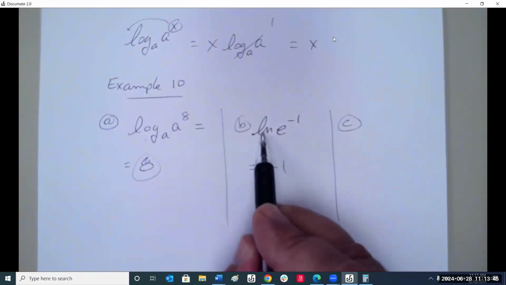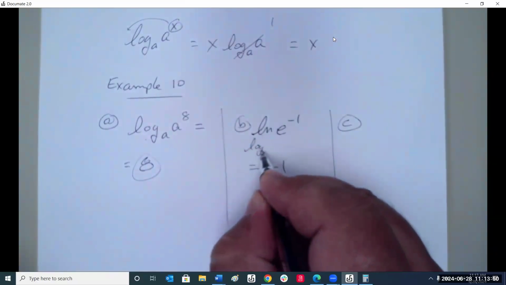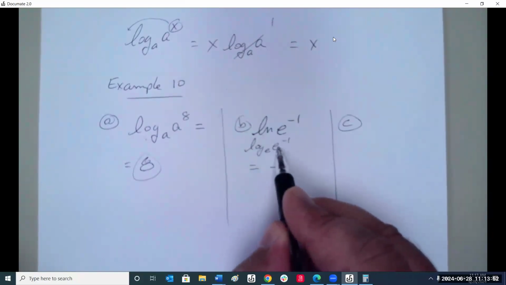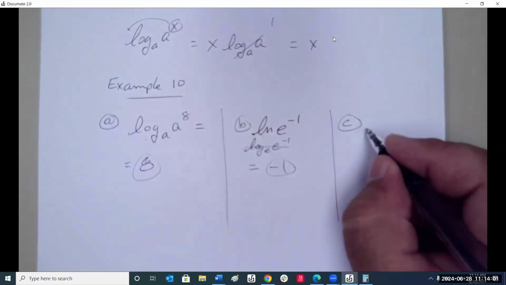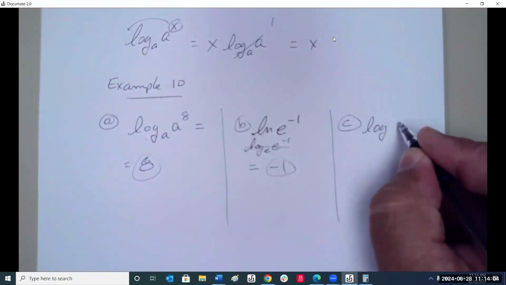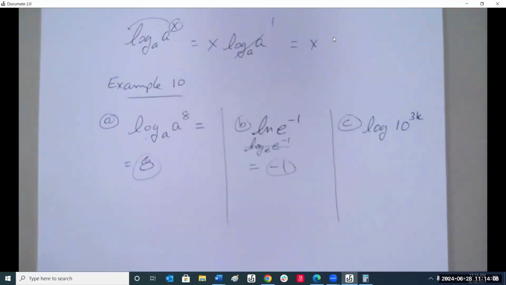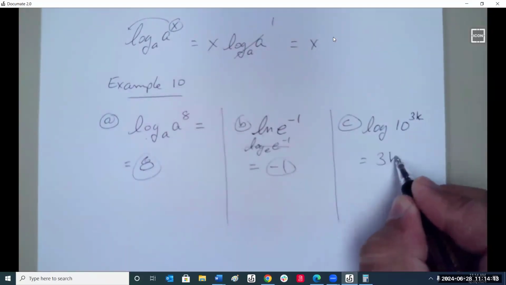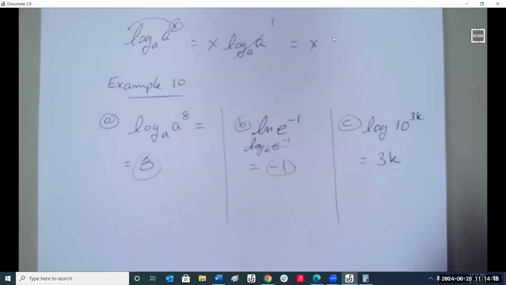Because ln is log base e. So this is log base e of e to the power -1, since the bases are the same, they cancel. So the answer is -1. Common log of 10 to the power 3k. Yeah, it's just 3k, because this is a common log. It's already base 10.